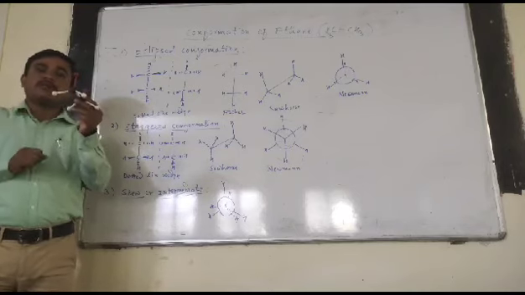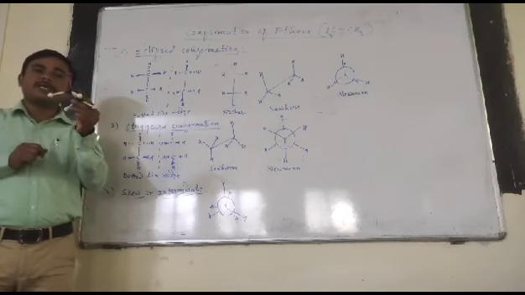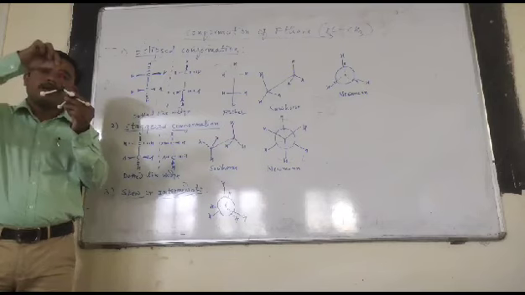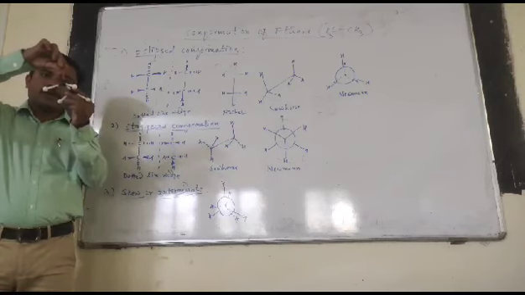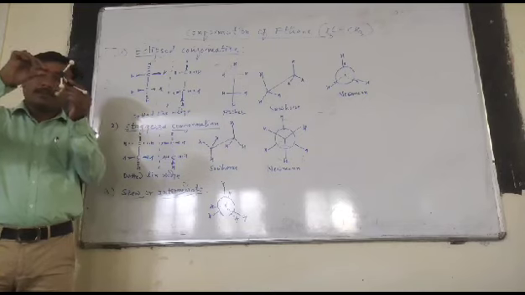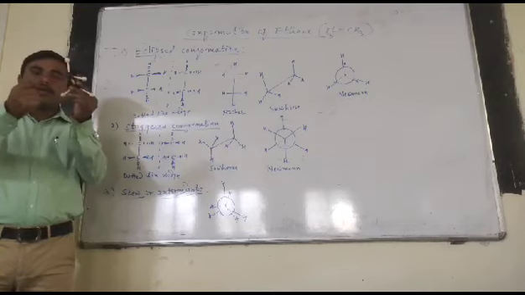Next, the eclipse conformation takes place at certain dihedral angles. This one is 0 degree. Now by rotating, we get 60, then 120 degree, 180, 240 degree, and then 360 degree.